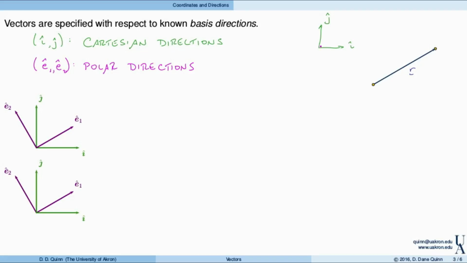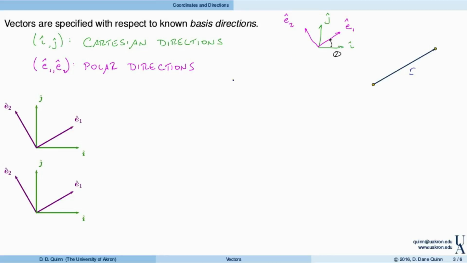So we might say that the direction of r is in the E1 direction. And again, as r moves around, E1 moves around with it. And then I could have a second direction, E2, which is orthogonal or perpendicular to E1. So we might have E1 and E2 that move with the vector, and these two things might be related by some angle. We can call that angle, say, theta.